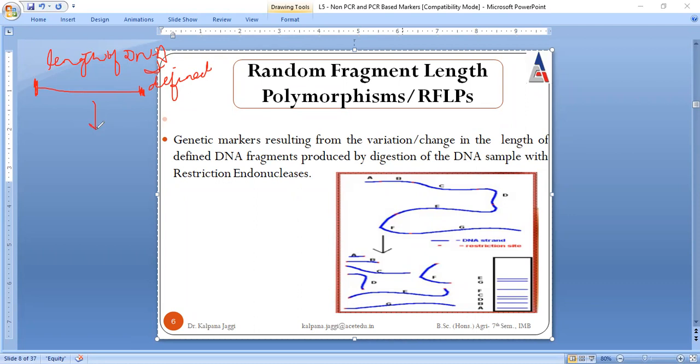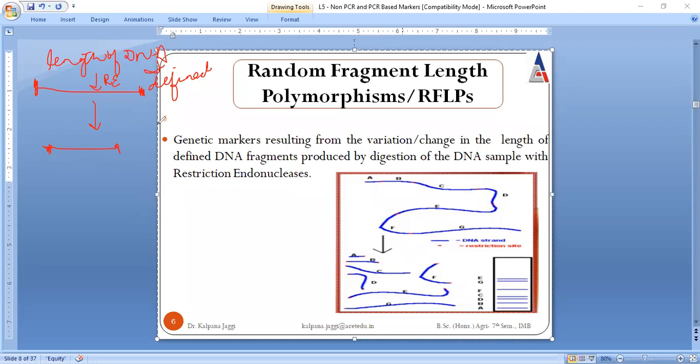Say this length is changed. Why is the length changed? Because certain restriction enzymes, that is restriction endonucleases, acted upon the DNA and digested it, and the result is a DNA of shorter length as compared to the original DNA length.